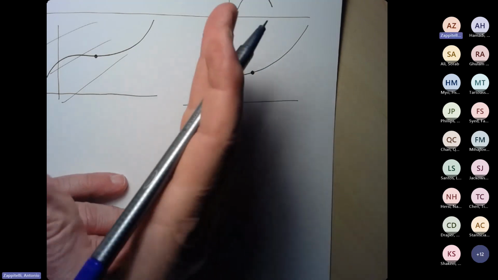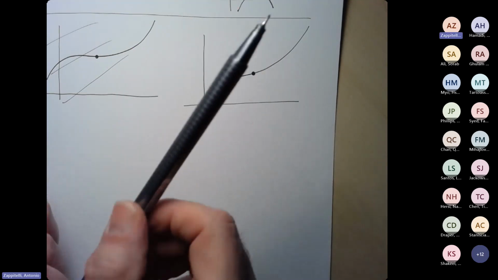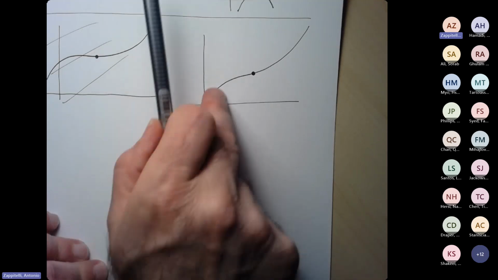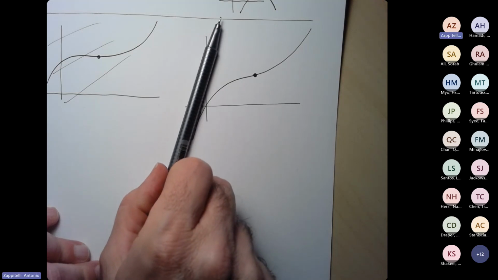Well, what's the easiest thing you can tell me about the slope of that tangent? Oh, actually, no, I think it's positive. Yeah, it's positive because it's increasing. And can you see that it's pretty steep? So not only is it positive, but it's also pretty steep.